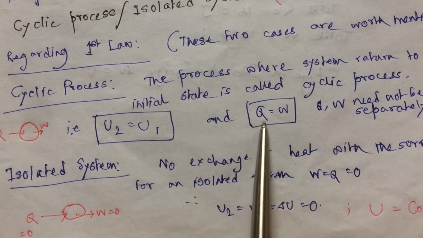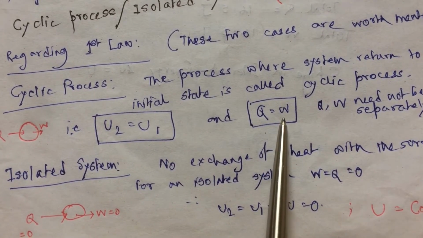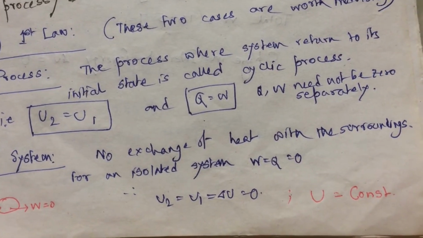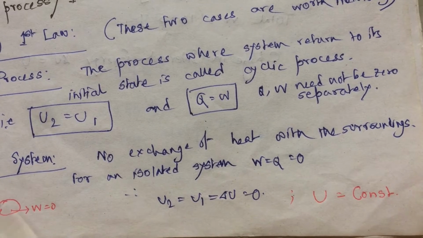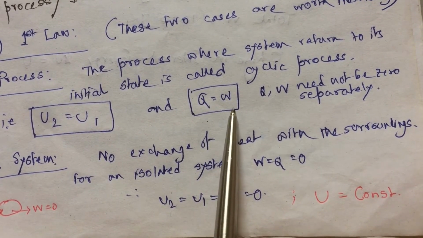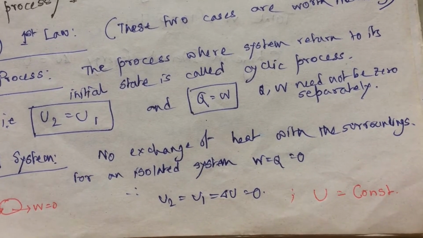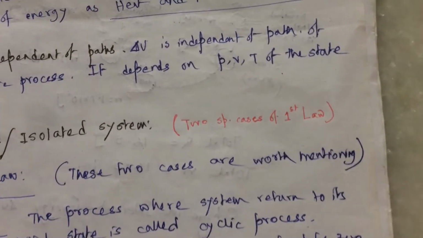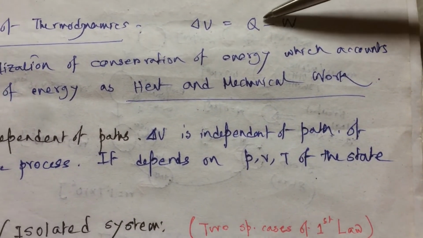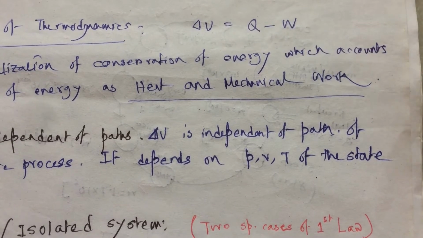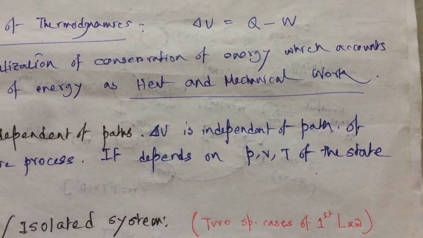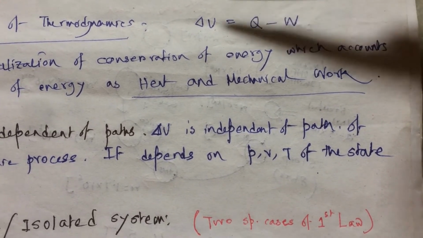So the heat Q is equal to the work done W. But Q and W do not need to be 0 separately. They are just equal, which makes the change in internal energy equal to 0. Because if we see the first law, if Q equals W, delta U equals 0. But if Q equals 0 and W equals 0 both, then also delta U equals 0.